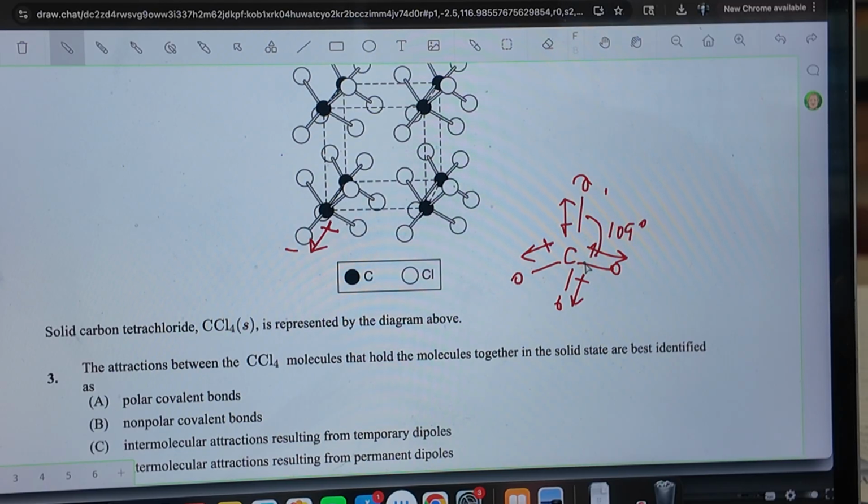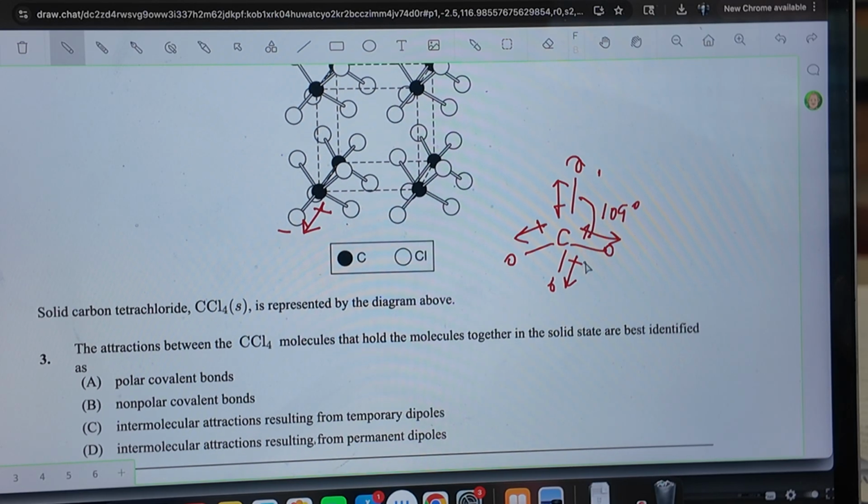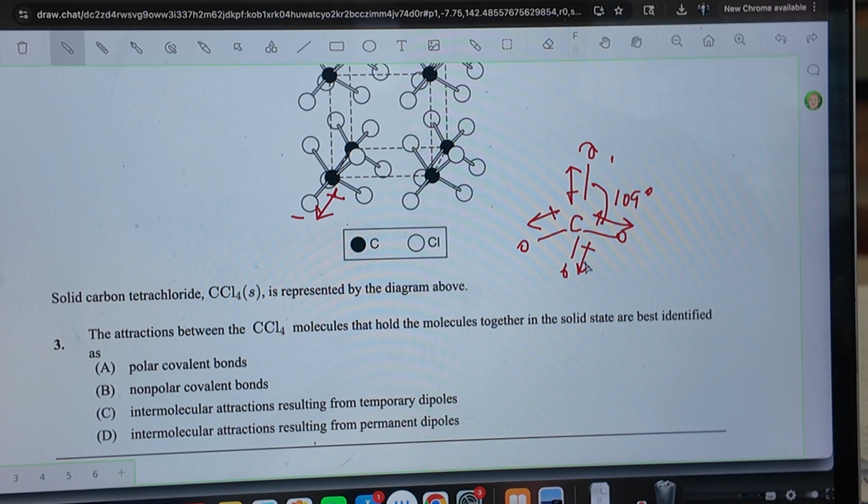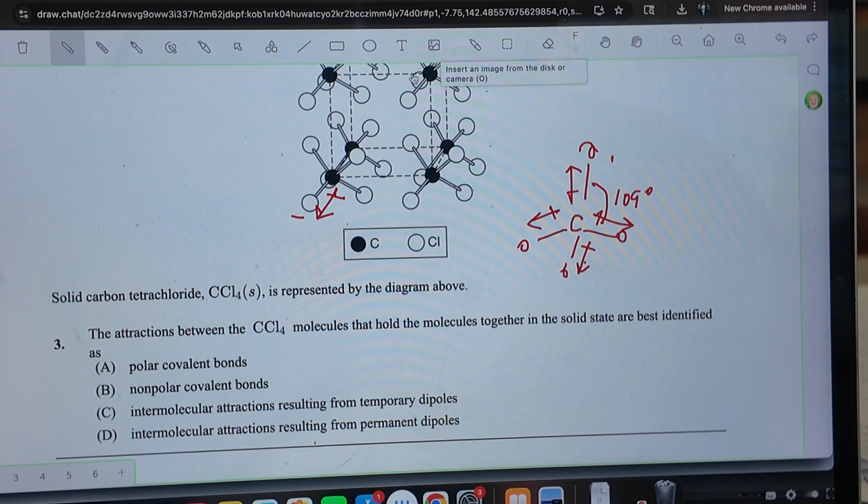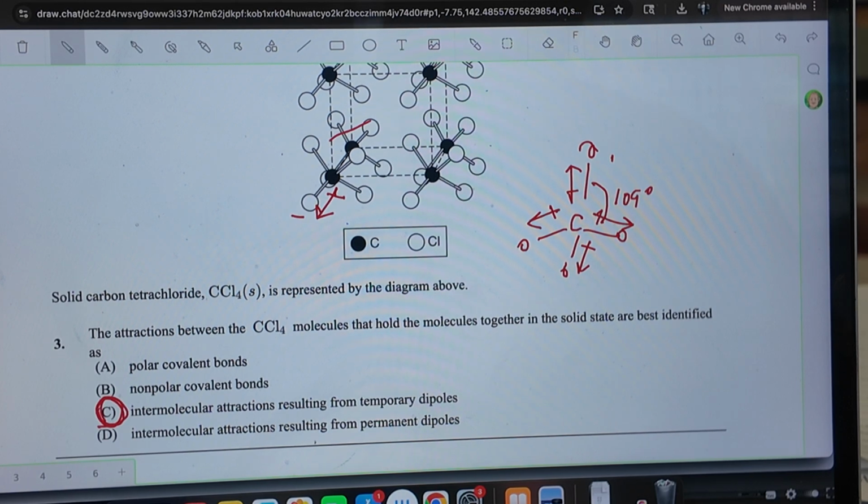The electrons shift around randomly, creating temporary dipoles, which makes a dipole in a neighbor, and so they attract for a while. I taught you guys this, and that should be temporary dipoles. So the answer should be C, because they create temporary dipoles, but not ones that stick around for long.